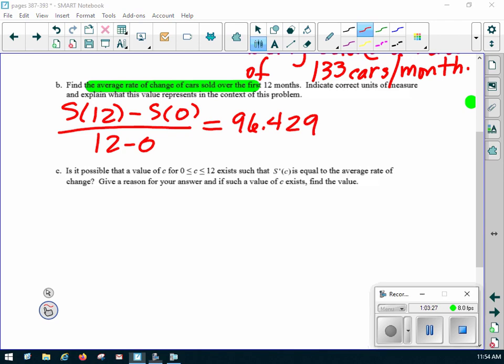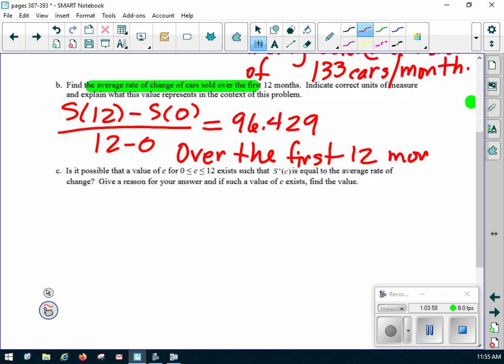That's what Sparks says, so you tell me if he's right or not. Let's just talk through what that means. Correct units of measure, and what does it mean? Remember, this is an average rate of change. Over the first 12 months, cars are being sold at a rate of 96 cars per month.